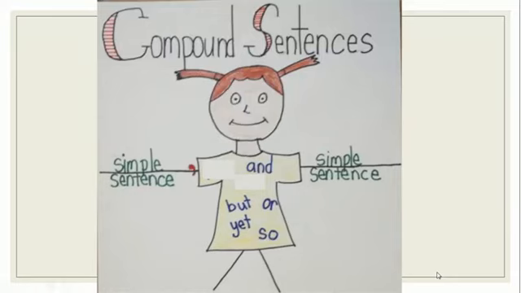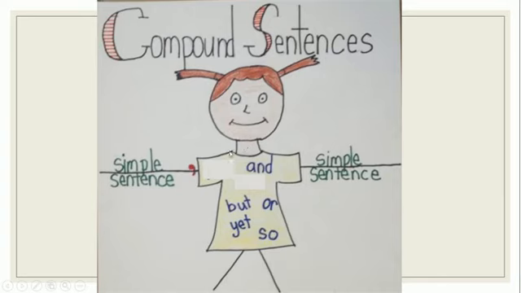Basically, compound sentences are the combination of simple sentences. They are combined using these words: and, but, or, so, and yet.